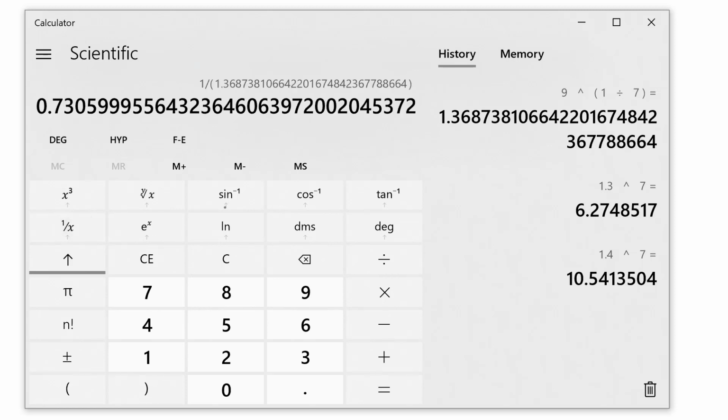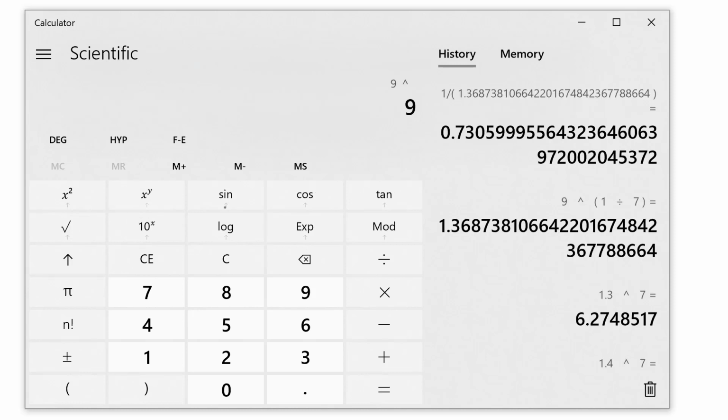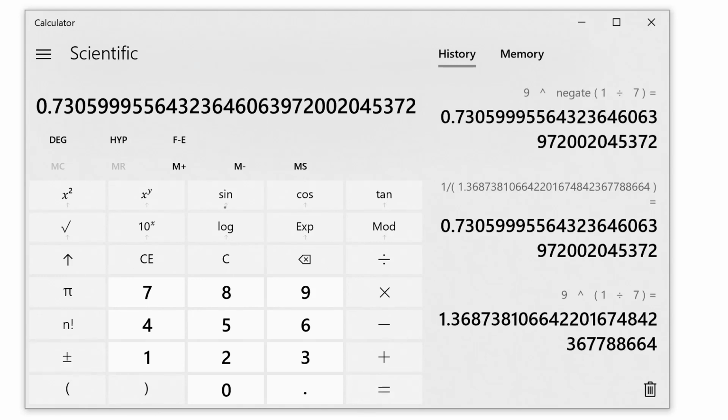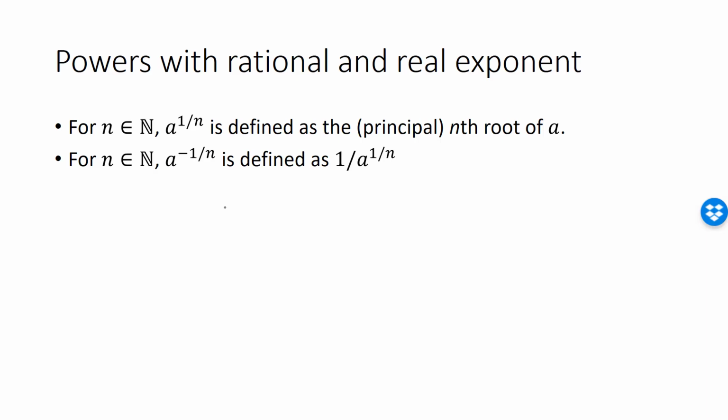We can check this using the calculator. If I do 9 raised to minus 1 over 7, I get the right answer. A simpler example, 8 raised to minus 1 over 3 is the same as 1 divided by 8 raised to 1 over 3, which is 1/2, since 2 raised to 3 is 8.